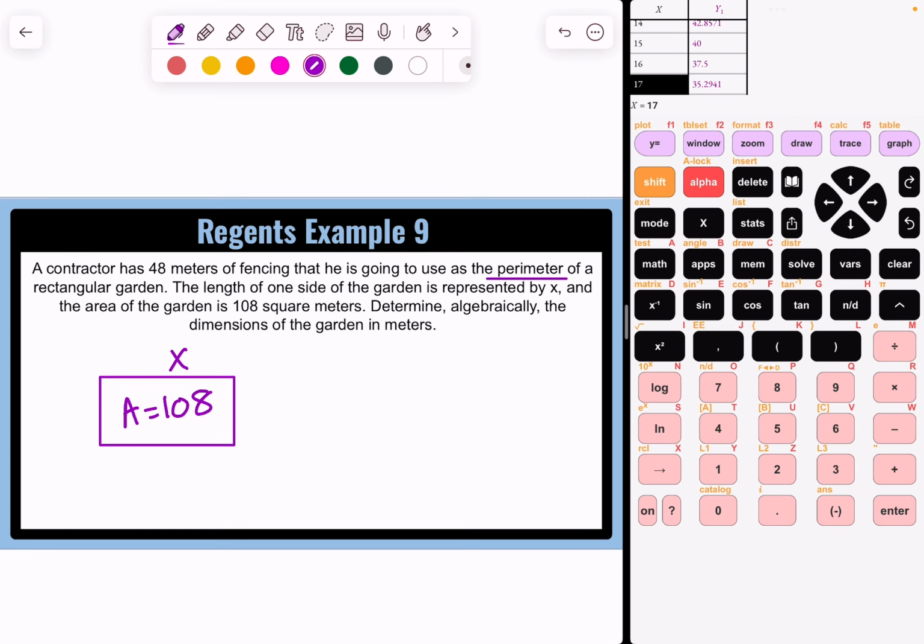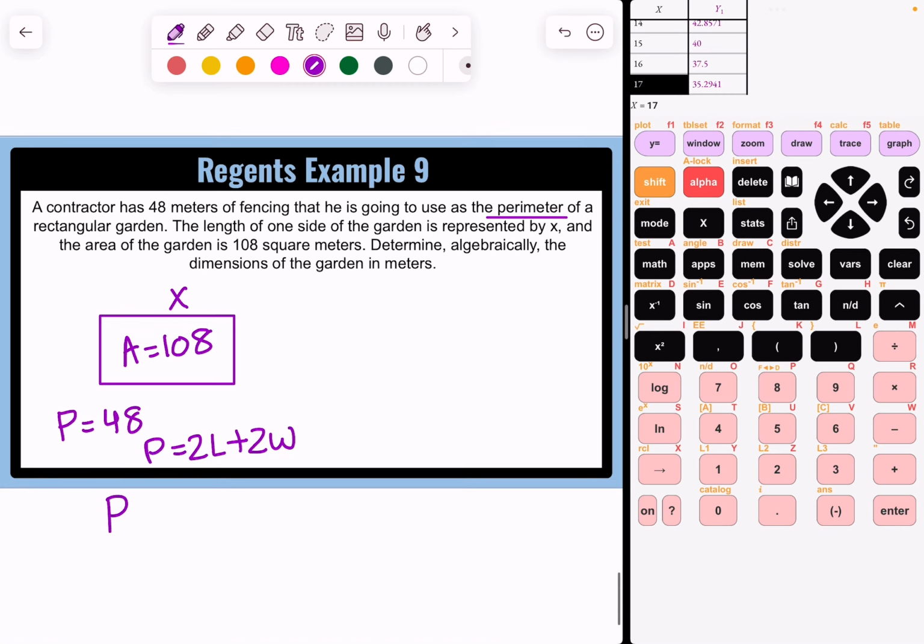So if this is X and this is X, and we know perimeter equals 48, the formula for perimeter is 2 length plus 2W. So perimeter equals 2, we're replacing length with X, plus the 2W.